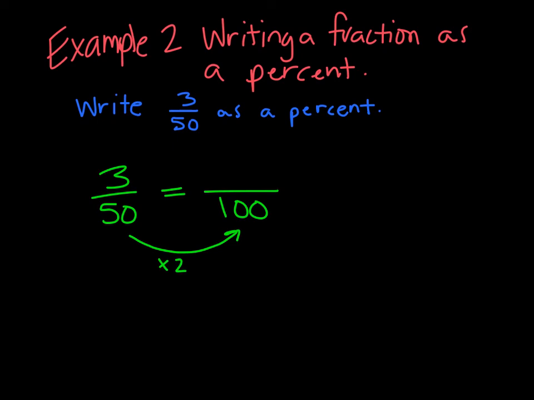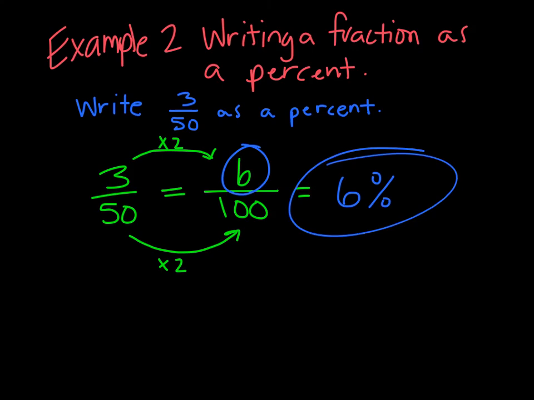Again, whatever you do to the bottom, you're going to do to the top. 3 times 2 equals 6. So we follow the second step, which tells us write the numerator with the percent symbol. What's my numerator? 6. So it equals 6%, and that's my answer.